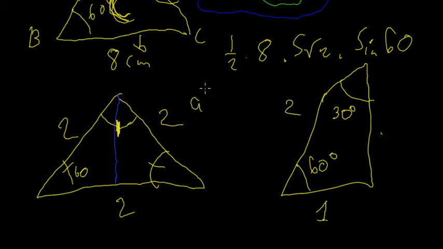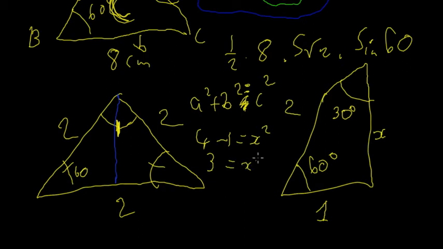Let my friend Pythagoras help. Cool guy. Kind of knew him. Oh, what am I on about? I forgot his formula. Everyone knows this off by heart by now. And this is the hypotenuse. We move over the sides we don't know, so it becomes 4 minus 1 equals our x side squared, and everyone knows that it's 3 equals x squared.